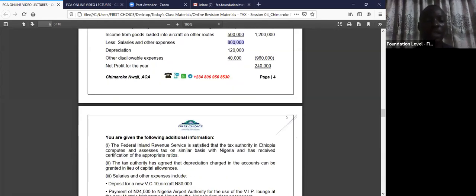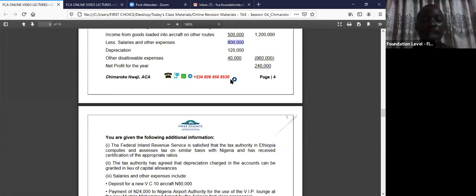They said salaries and other expenses include, that means there's a problem. Once you hear include, now I want to tell you something. When you hear comprise and when you hear include, these are two things. Once you hear comprise, that means everything they're going to break down will give you equal to 800.